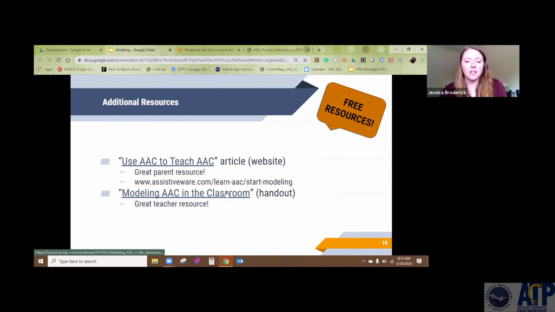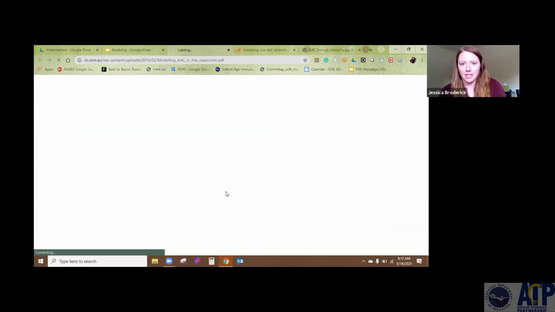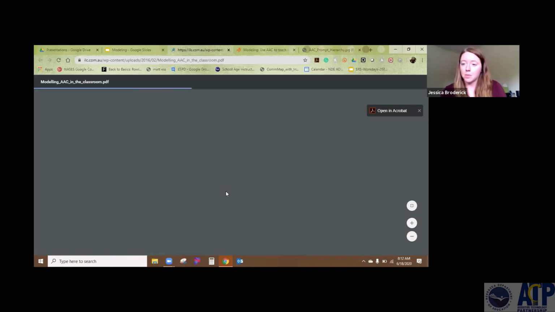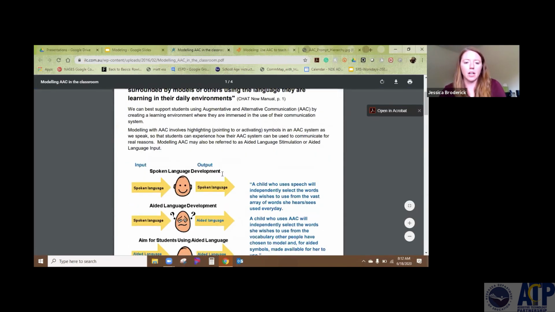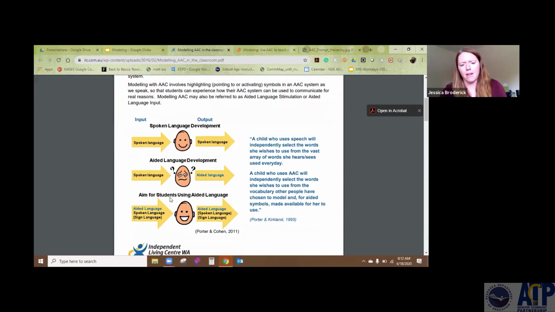And then I think this is a great teacher resource. So this is all about how do we model AAC in the classroom. And this is one of the handouts that I've provided you with. And this is more geared at teachers. I love this graphic. I use this graphic a lot in presentations. It shows teachers that our input really needs to match our output.